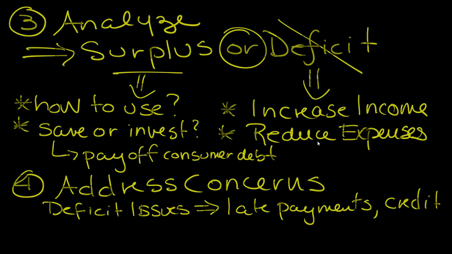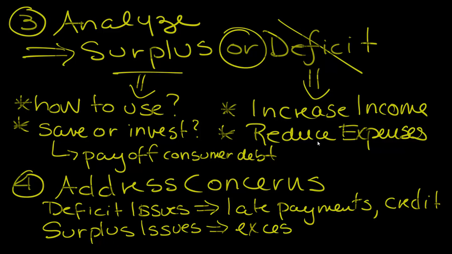And then with surplus issues, those are kind of happier problems to have, but there could be some issues related to a surplus, like maybe their money isn't working for them the way that it should, so they have excess cash on hand. And maybe this would be an opportunity to talk to them about banking options if they are unbanked or underbanked.